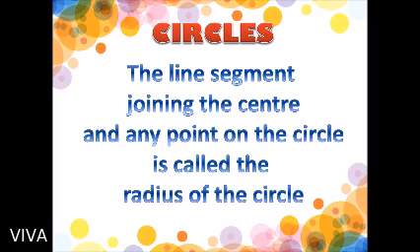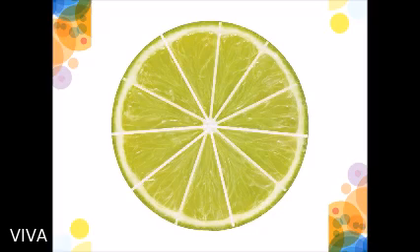Hence, the line segment joining the center and any point on the circle is called the radius of the circle. A very good example of radii can be seen in the cross section of a lime.